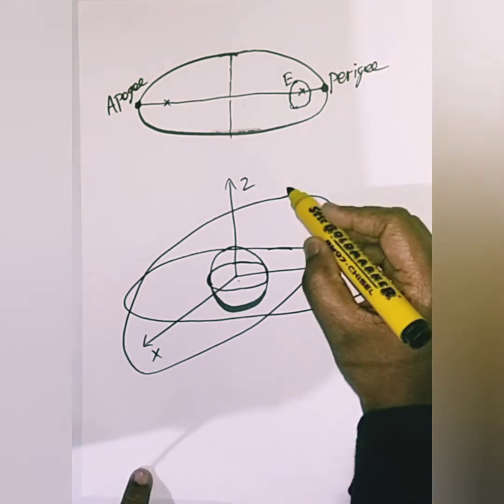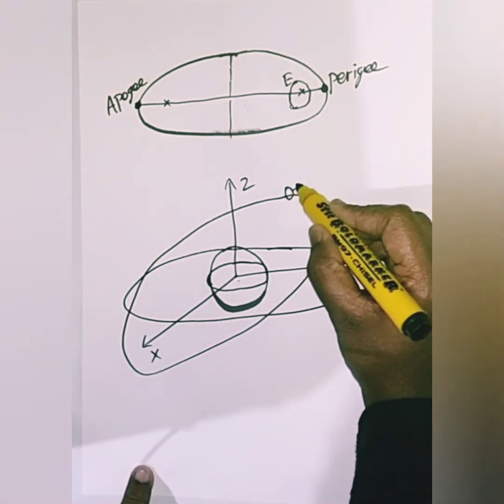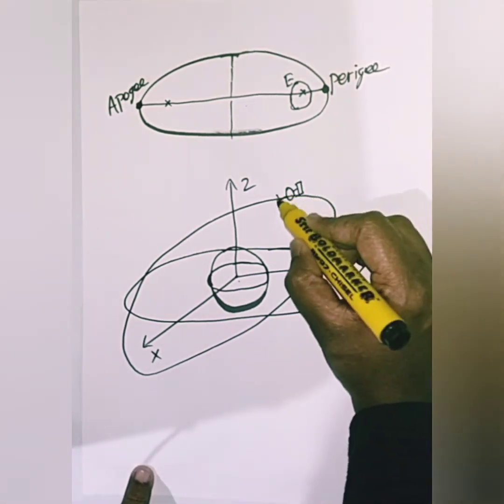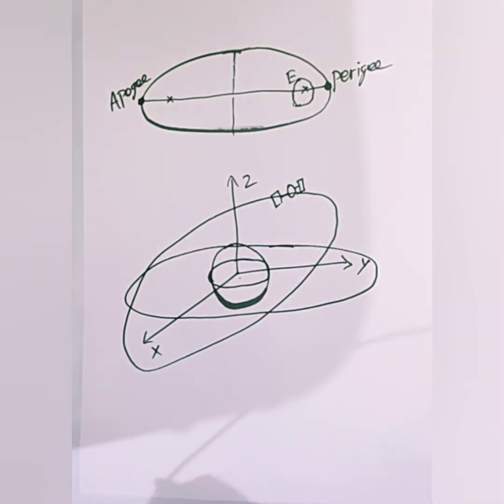So now the satellite is here. Now we are going to see the parameter inclination. The angle between the orbital plane and the equatorial plane is called inclination.